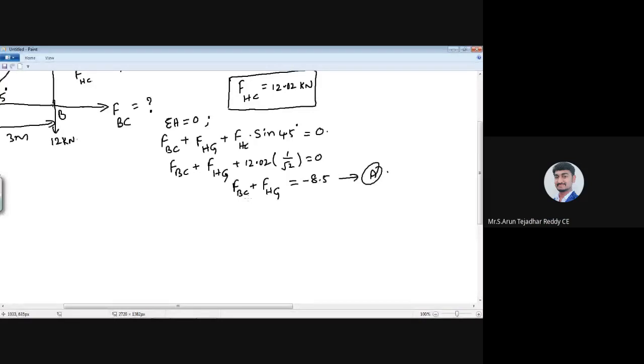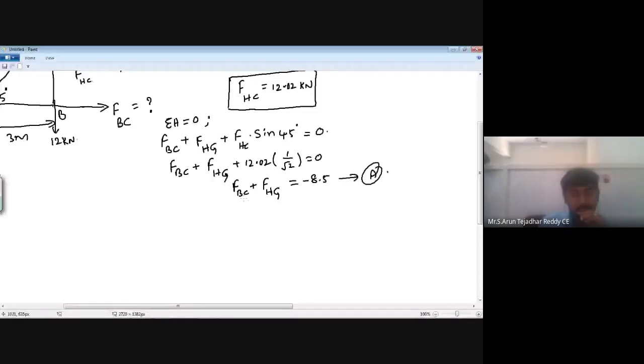Here FBC is unknown, FHG unknown. So calculate FBC value and FHG value by applying moment equal to 0. Take any one point as a reference.